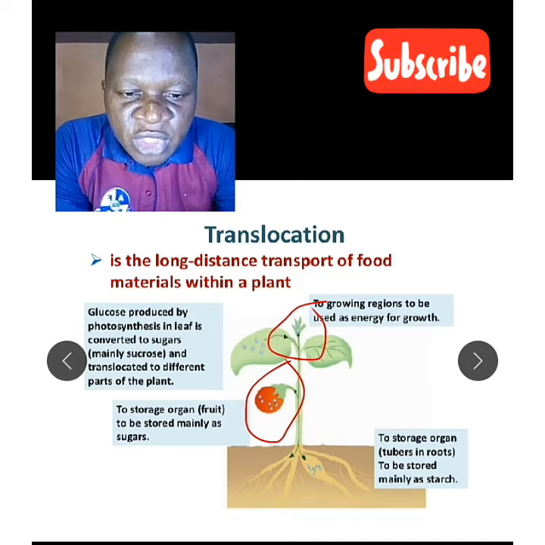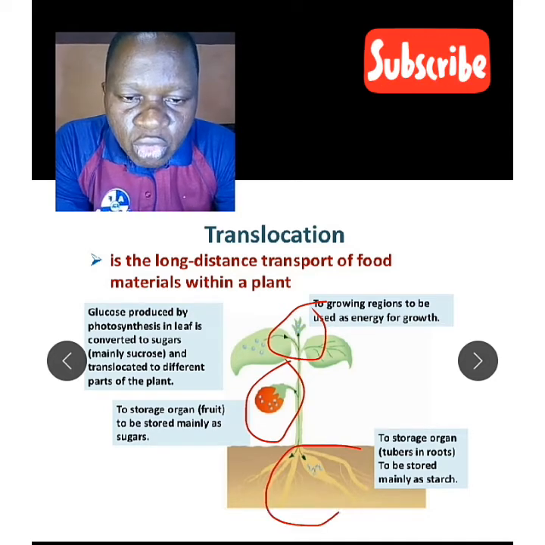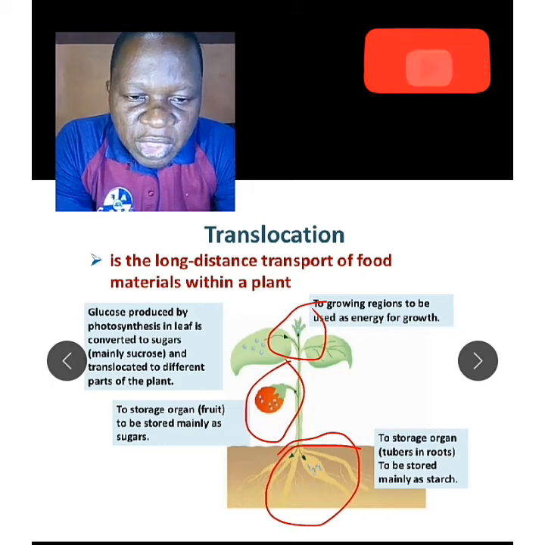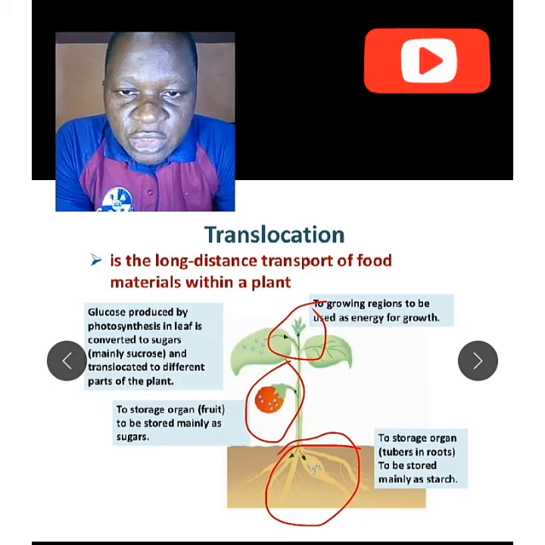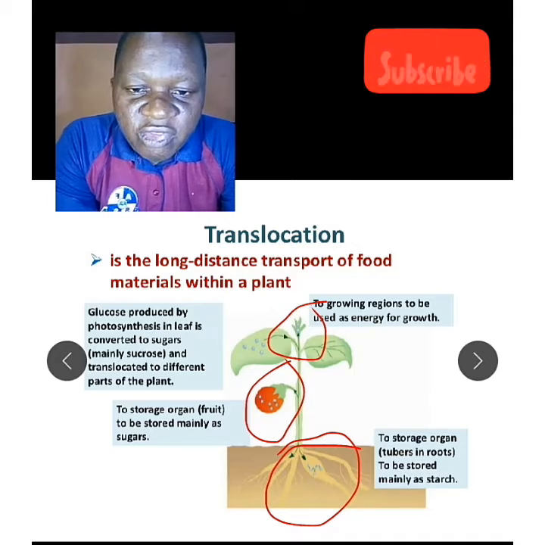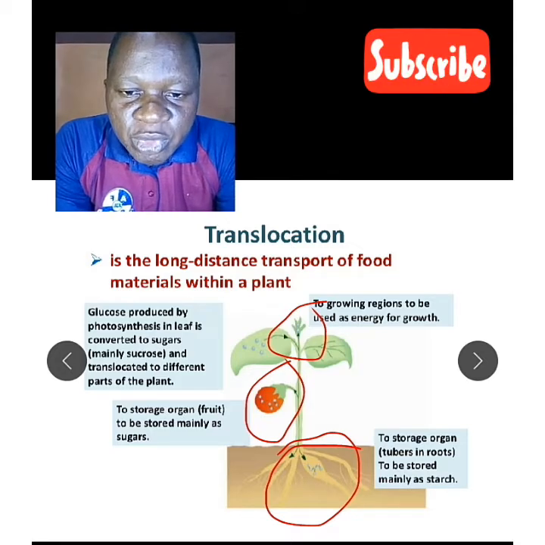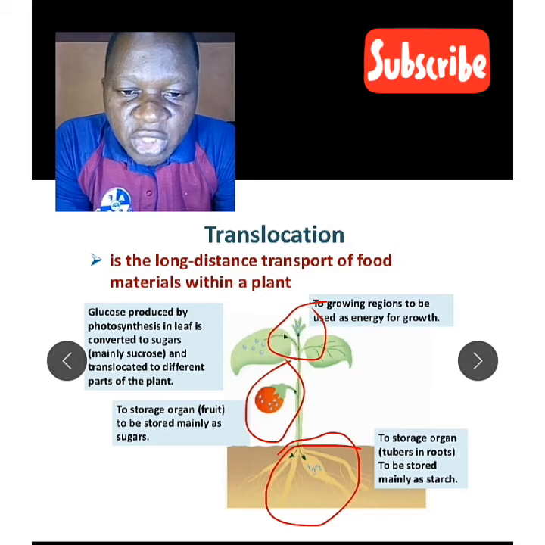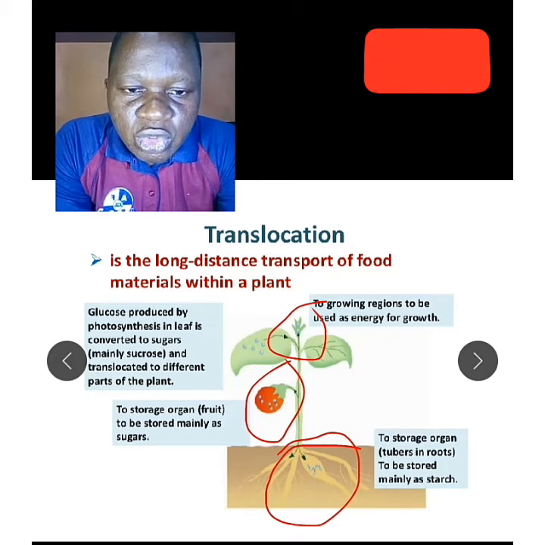It will also come to the root, as the root is a storage organ, so that the food will also help to produce the energy needed for the growth of the plant.